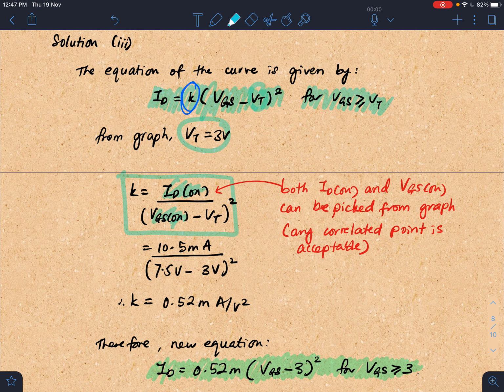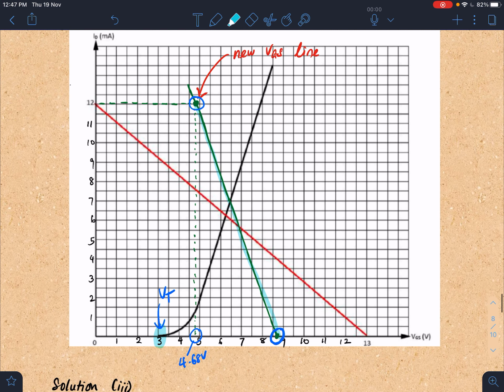If you choose this point, VGS on equal to 8 volt, and its ID is somewhere here, about 12.5 milliampere, the ID on.